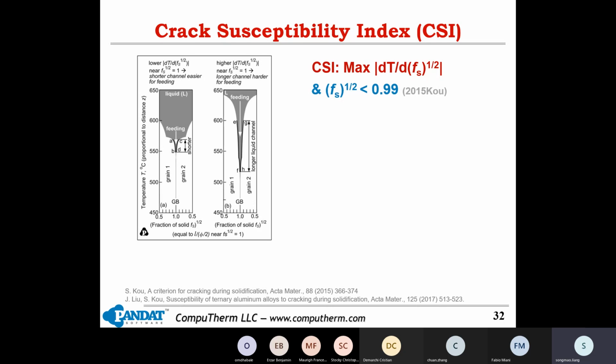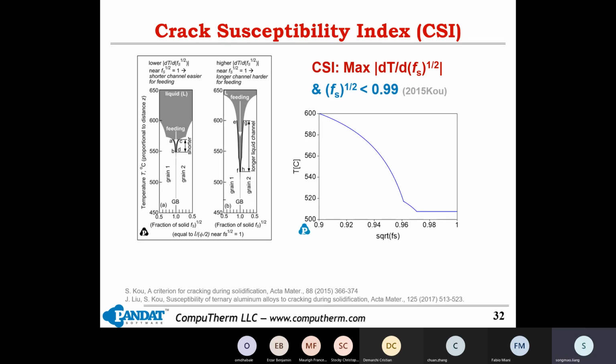That is the basic idea of this criterion. We can easily get the T versus square root fs curve from Panda calculation, and the CSI represents the slope of this curve. The largest slope value represents the CSI of this alloy. So this criterion is very simple and very effective.